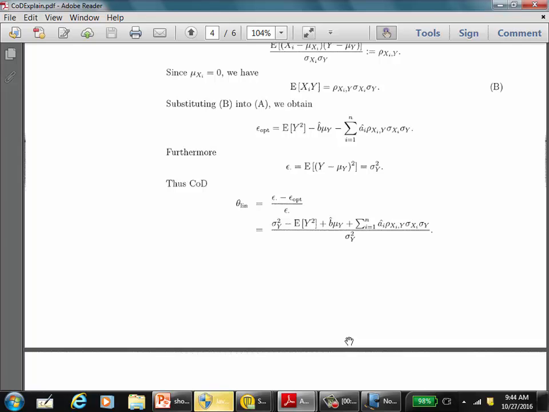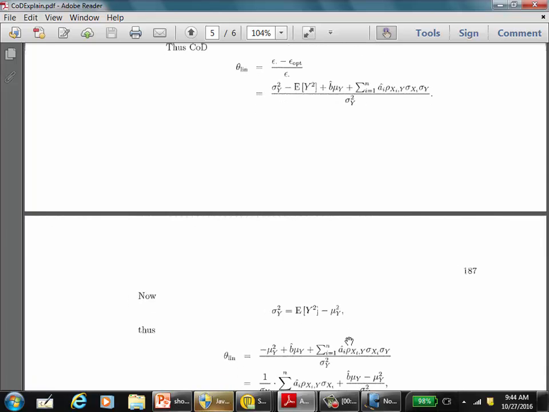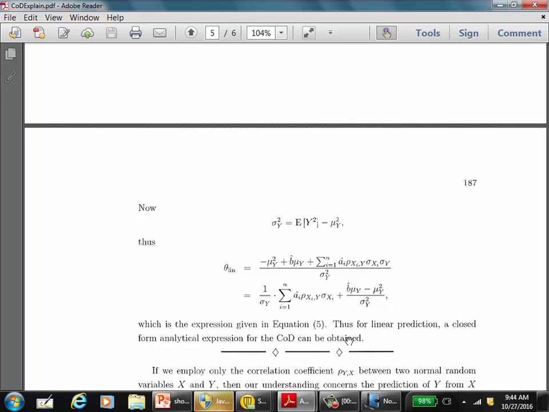You further simplify, and all the steps are put in here. I don't want to spend more time going through these individual steps. If you have any questions, you can ask me later. I don't think you will, because all of you have some basic background in doing these kinds of calculations. This is just algebra, but at the end of the day, you will get this expression for the COD, which is the expression that is given in equation 5.